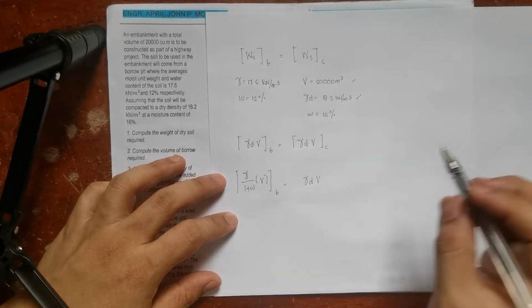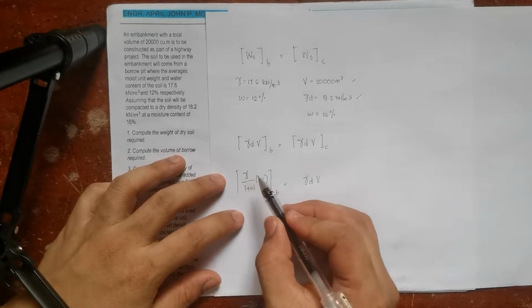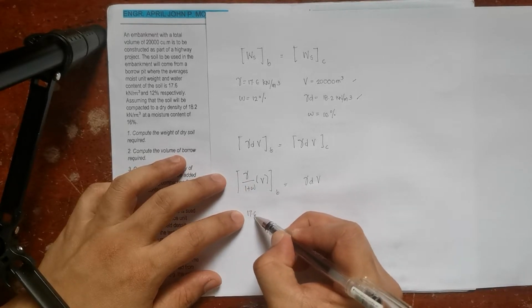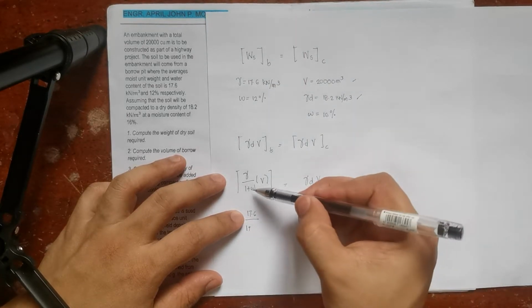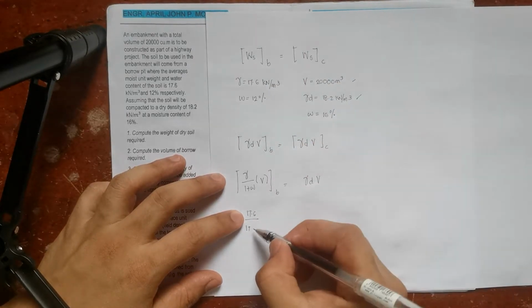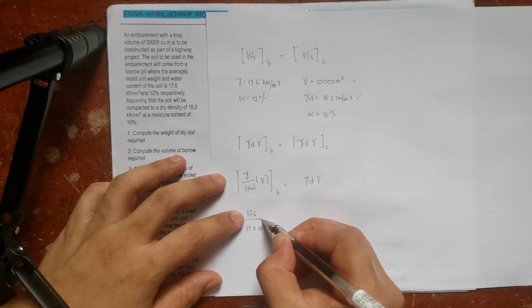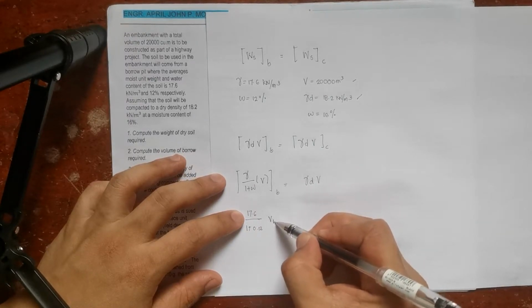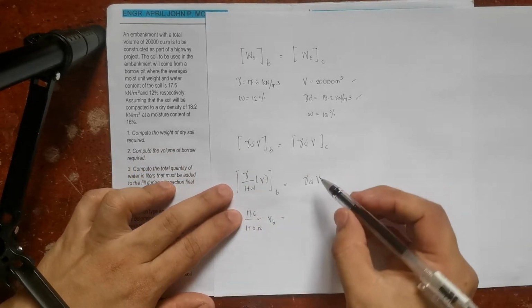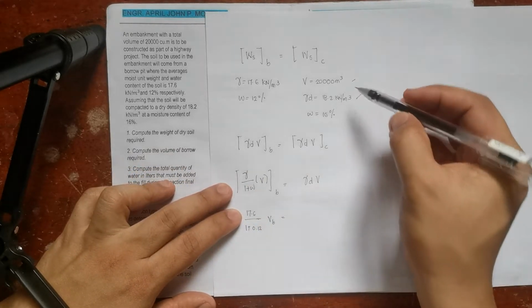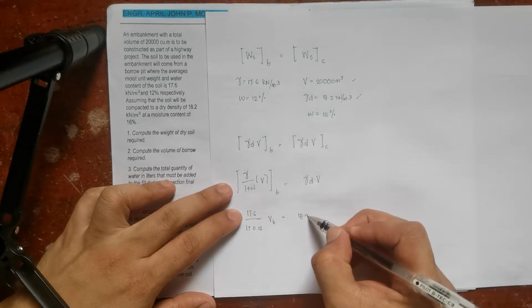And then substituting the given, we have the moist unit weight of borrow soil. Ito po yun, binigay na. Over 1 plus the moisture content of borrow soil, binigay na din. It should be in decimal form. And then the volume of borrow soil is still unknown, which is our second requirement. The dry weight of our compacted soil is already given, 18.2.